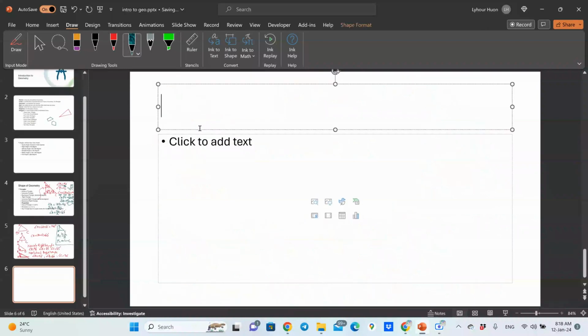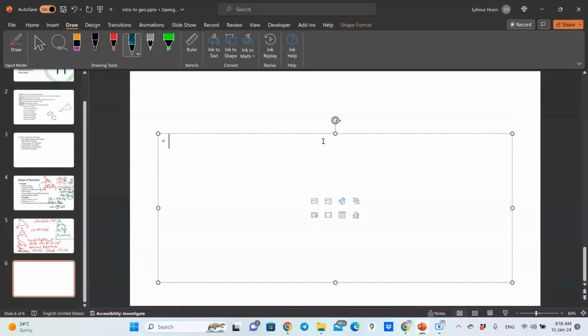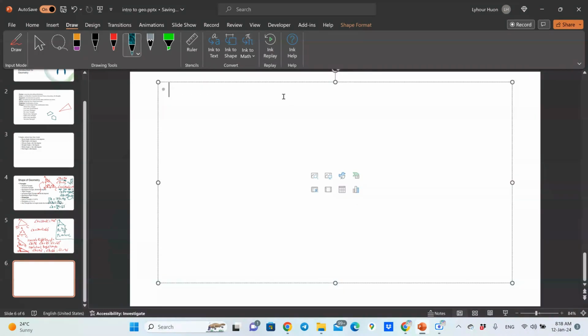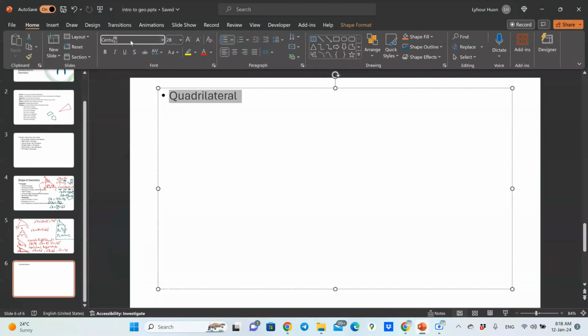Okay, so next part is about quadrilaterals. What shapes of quadrilateral have you known?